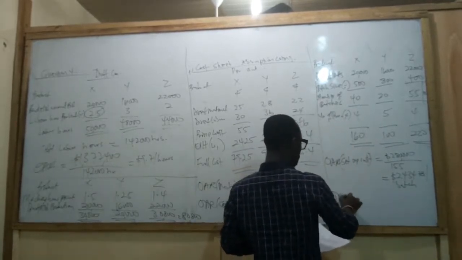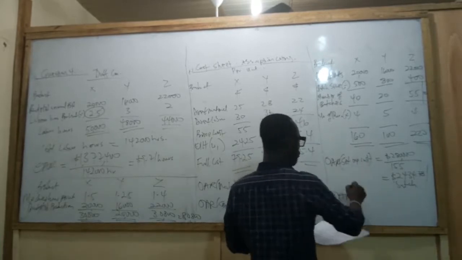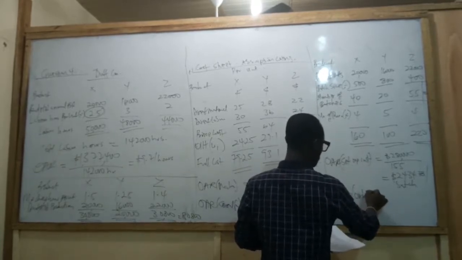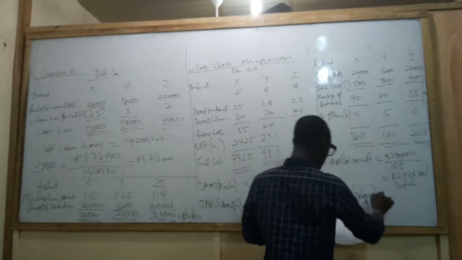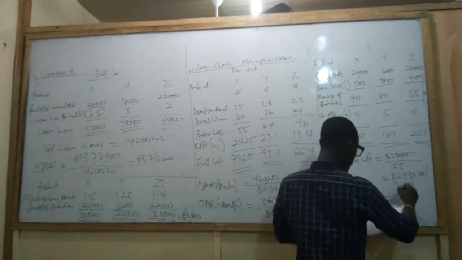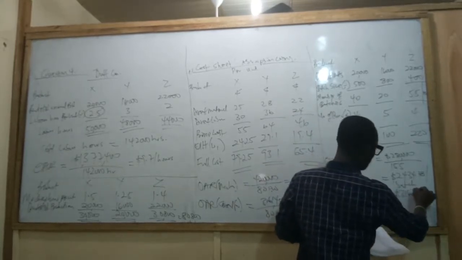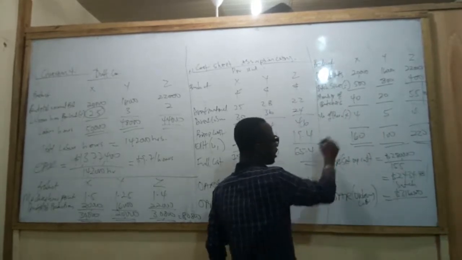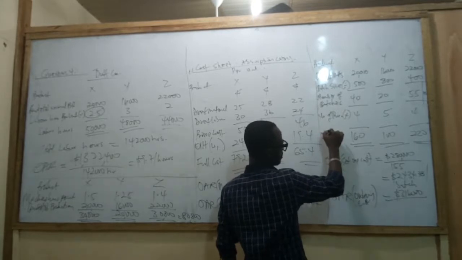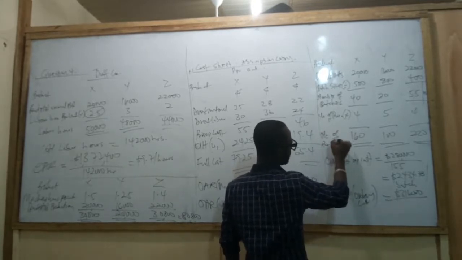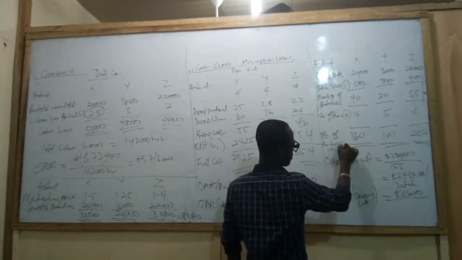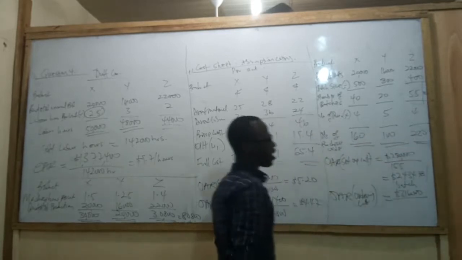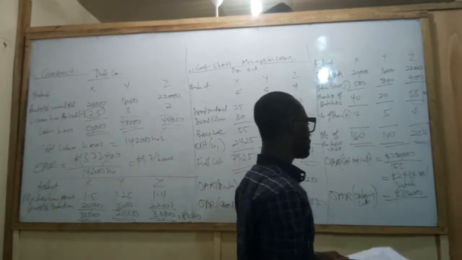Then if you want to calculate the overhead absorption rate for the ordering cost, the figure there is 316,000 divided by number of purchase orders. What is our number of purchase orders? This. So the total is what? 480.